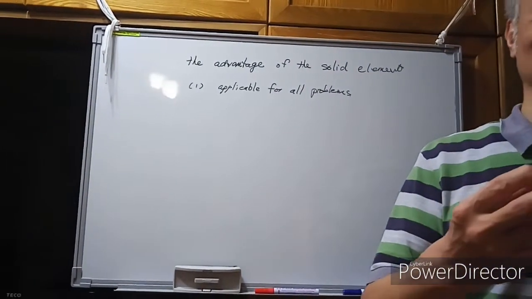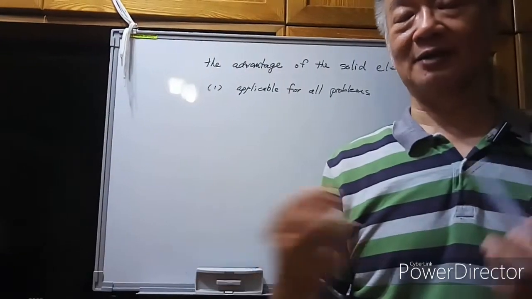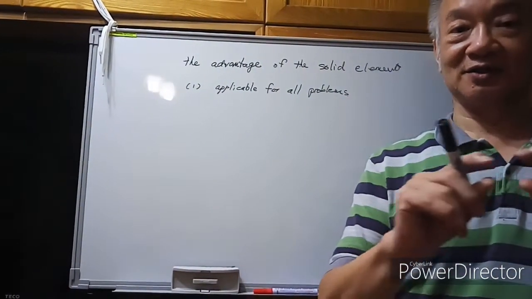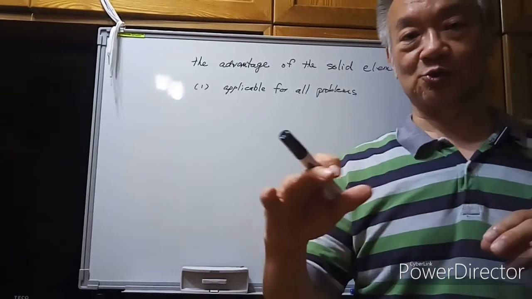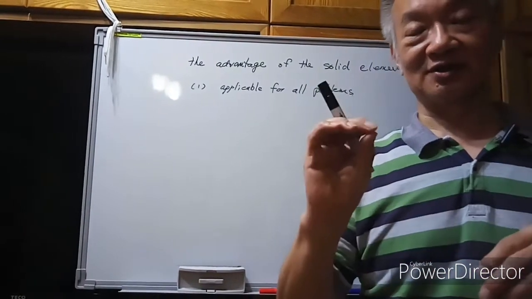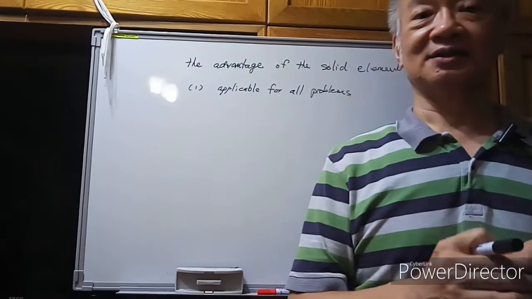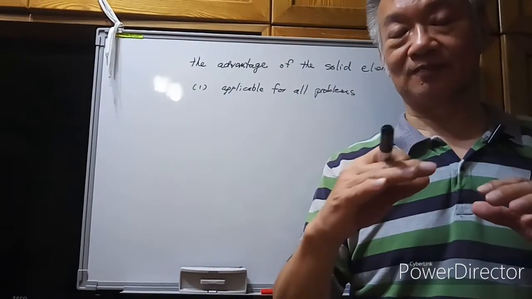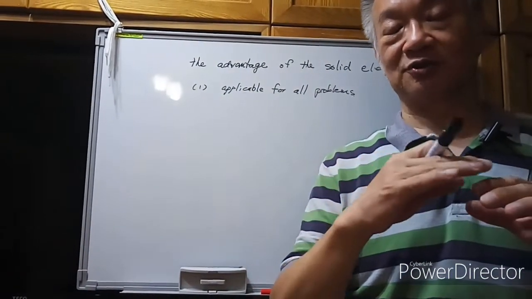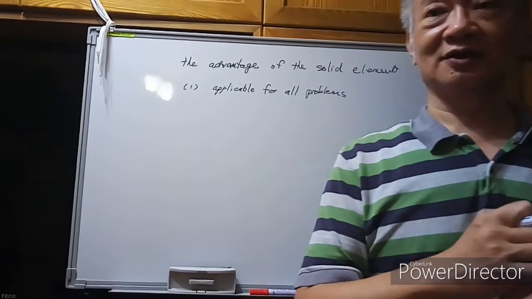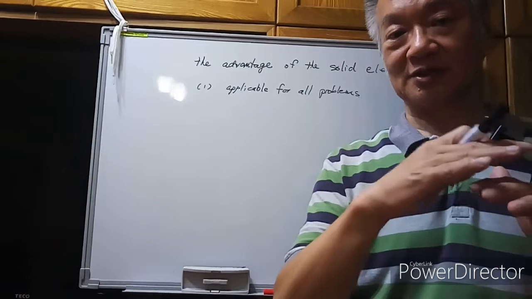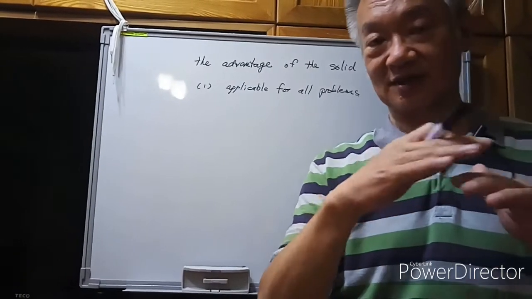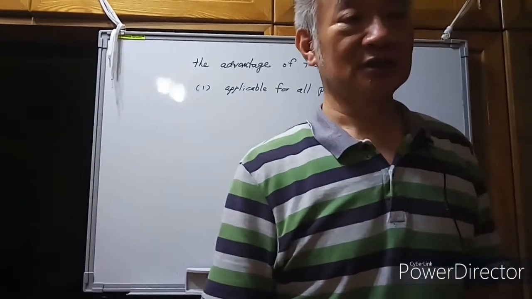Just like if we consider a frame element, it must be a slender element. If we say it is a plane stress problem, it must be a thin plate. And also we have some spatial consideration for the applied loading. For the plane stress problems, the applied load must be applied on the same plane of the structure.